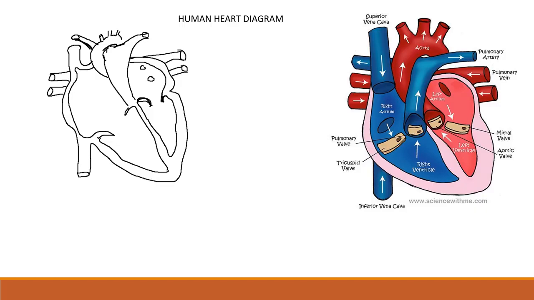So here I have done with the diagram, right? Here you can extend a little bit like this. This is a part of our aorta. Yes, now we are done.